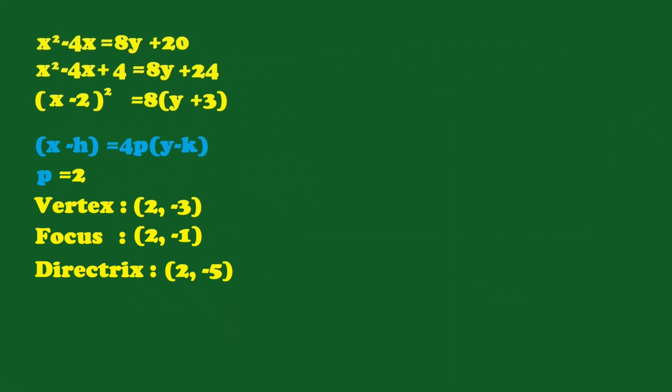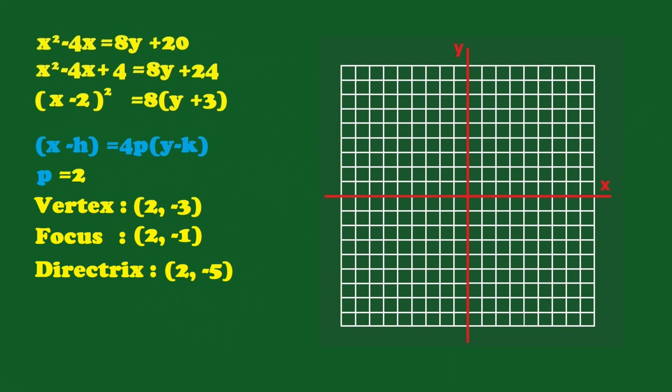We can now graph the values we have just got. With these grid lines, we can start with the vertex. Our vertex at 2, -3 is now set with a yellow dot. The focus coordinate is now also marked with a yellow dot.